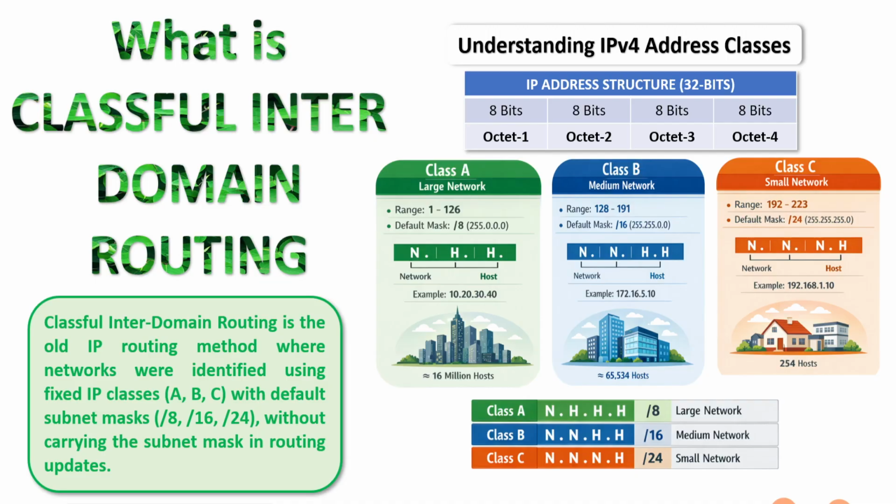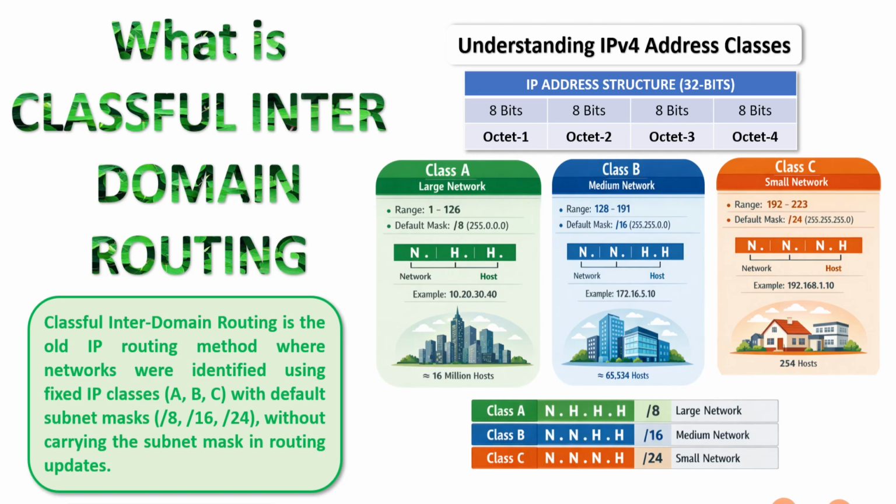Then we have class B. This is a medium network. Its range starts from 128 to 191 and its default mask is /16. Guys, understand this: classful means a fixed subnet mask. There is no flexibility.